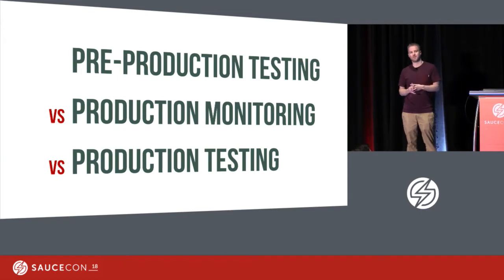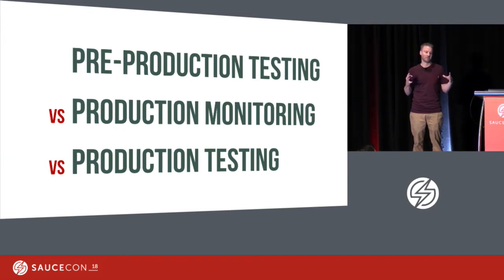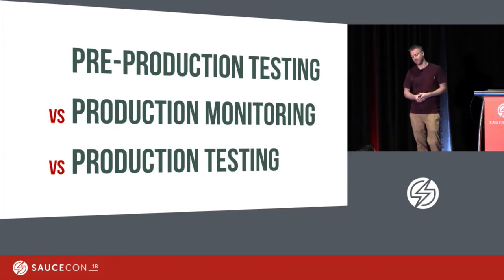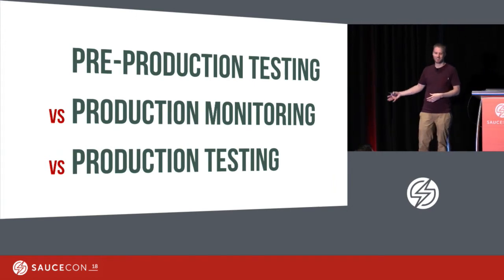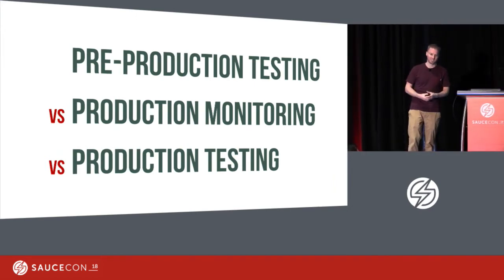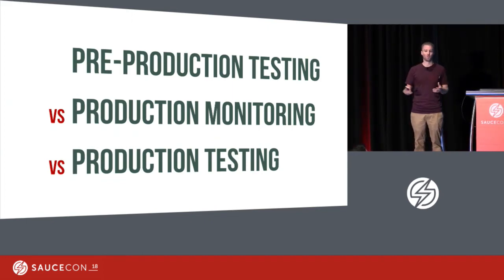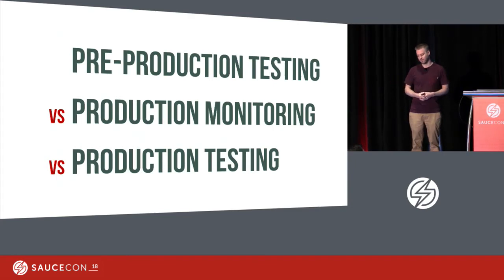These guarantee that a piece of code works at a particular time, the time that the test was run. Production monitoring is real-time traffic and real-time information from instrumentation on the website that comes back to you, and you usually have to be very specific about what you want to track and monitor.